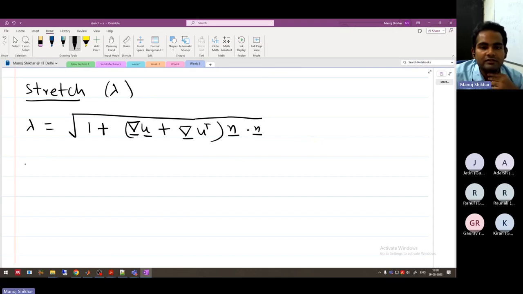And from here, if you want to find strain at a point x with direction n, this direction n is the direction of the line element we have considered.